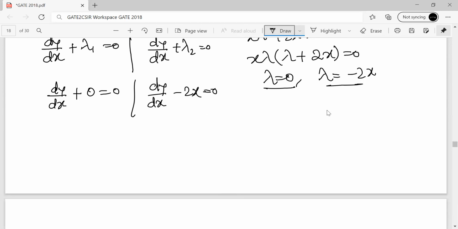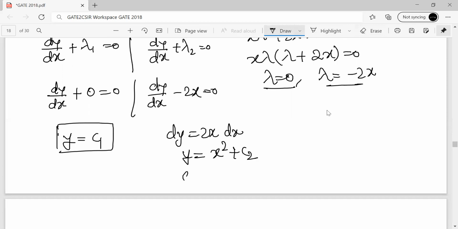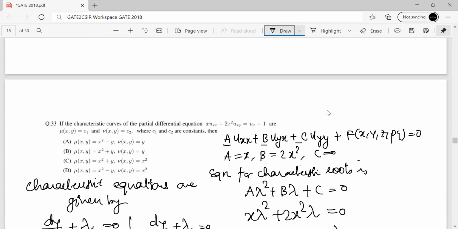Let us solve them. Here dy by dx equal to 0 means y equals some constant, and here dy over dx equal to 2x, so taking dx to the other side we get y equal to x squared plus some c2. So c2 will be equal to y minus x squared. So we got two characteristics: C1 is y and C2 is y minus x squared.